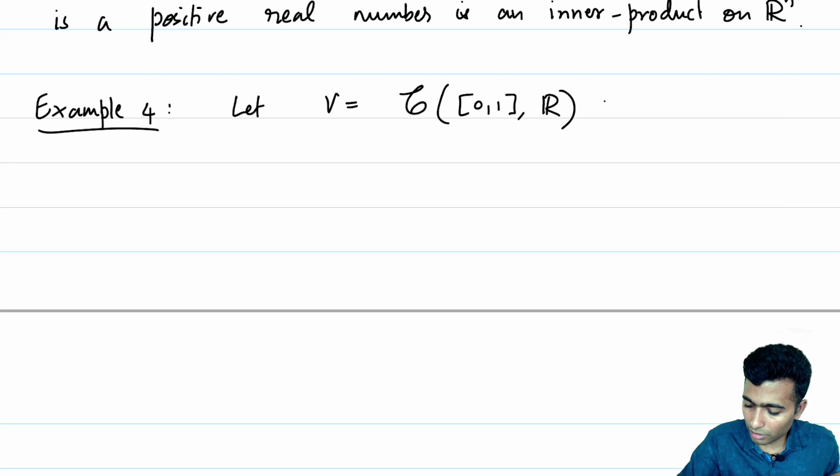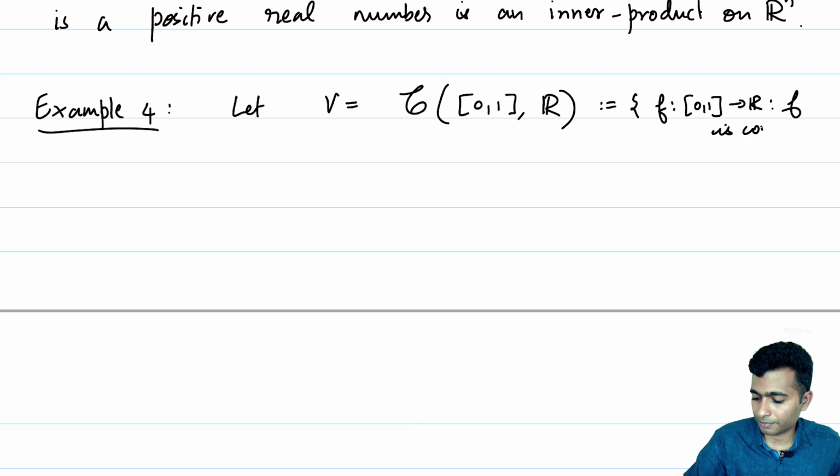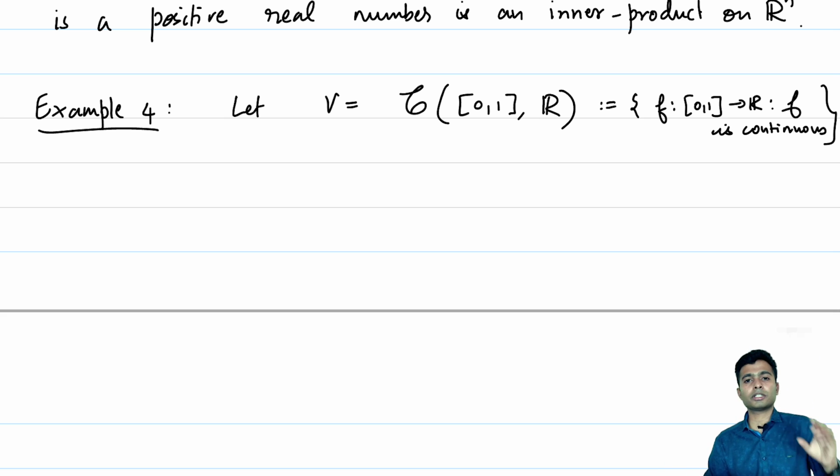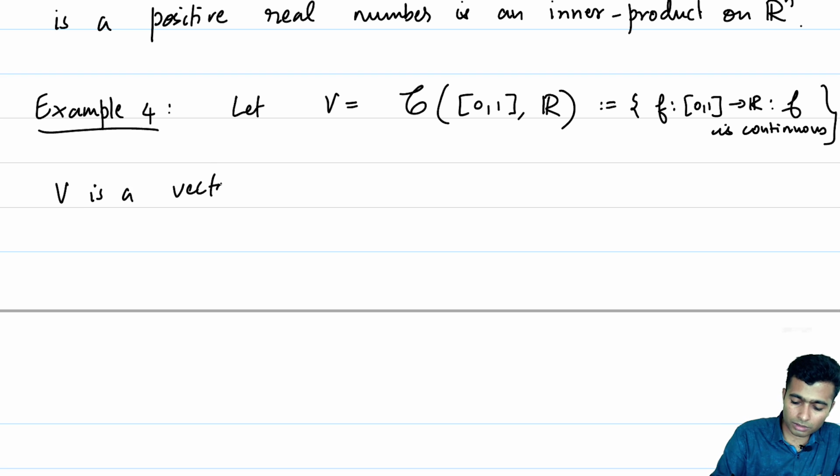This is C[0,1] to R, which is the set of all f from [0,1] to R such that f is continuous. So let's consider continuous functions, real valued continuous functions from [0,1] to R. This is a vector space over R. So V is a vector space over R.